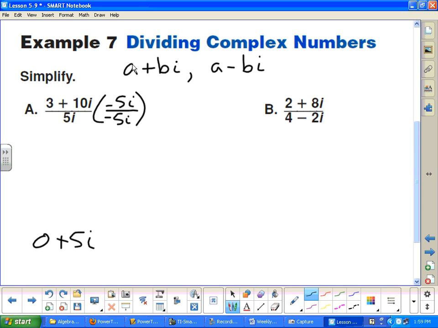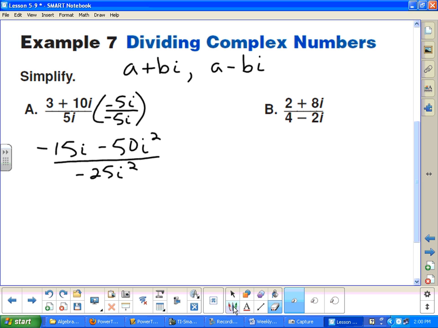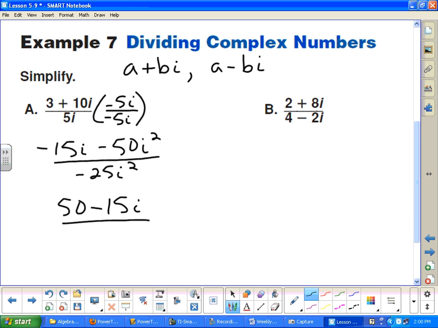That's that complex number. So the conjugate would be 0 minus 5i, or just negative 5i. So then we multiply, and then simplify. So we have positive 50 minus 15i over positive 25.